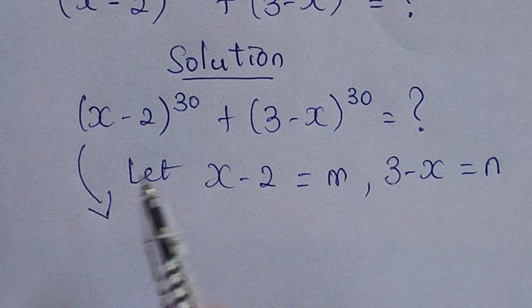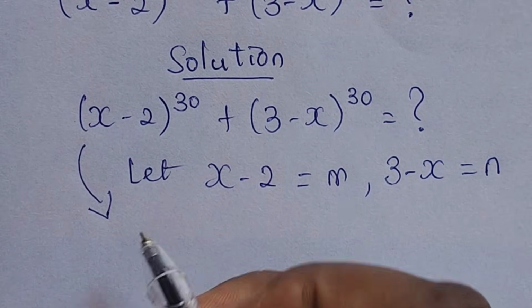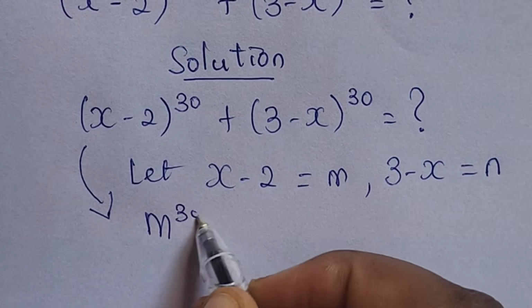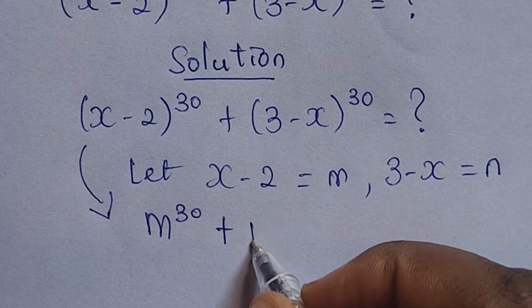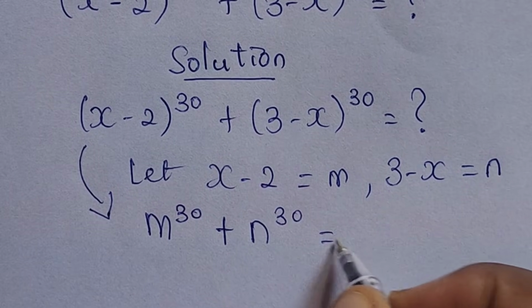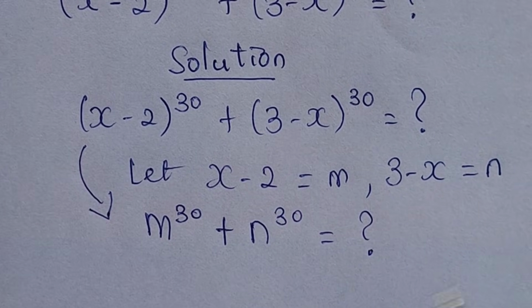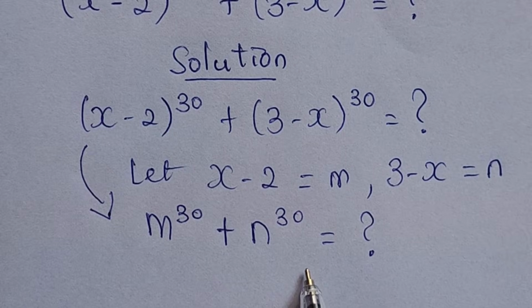So this expression becomes m to the power of 30 plus n to the power of 30, equal to dash. So this is what we'll be looking for right now.